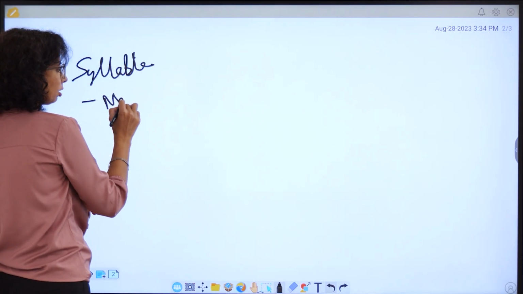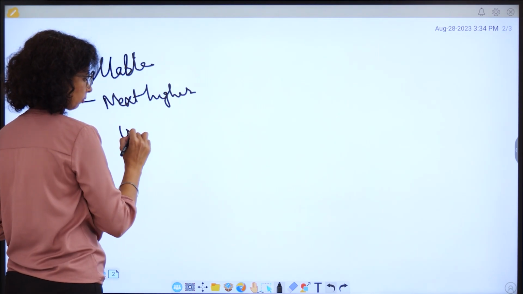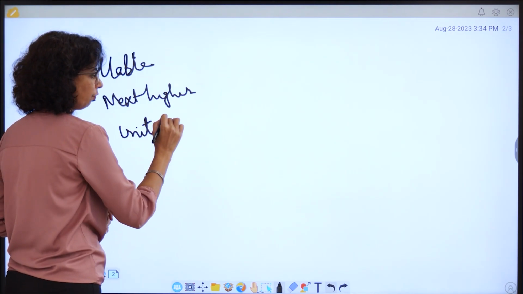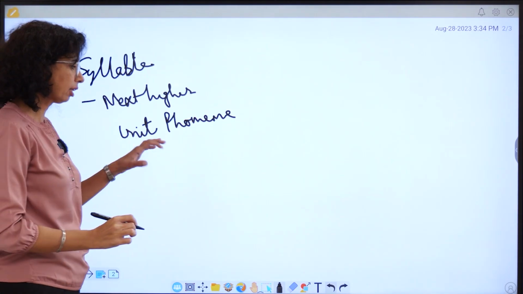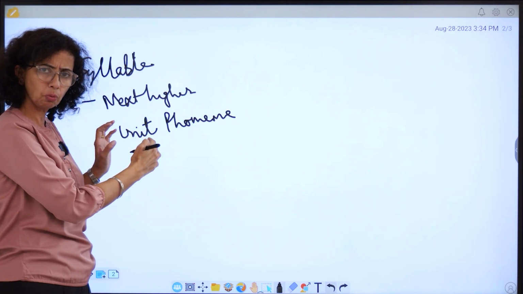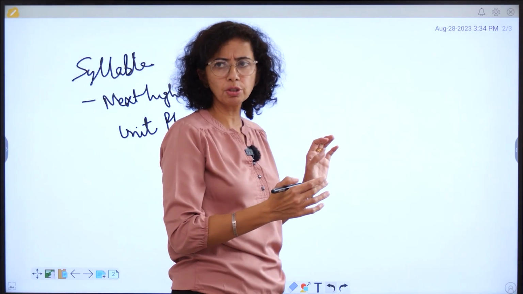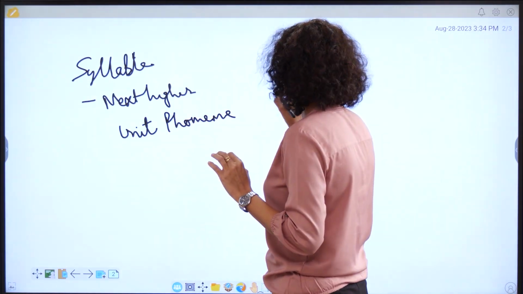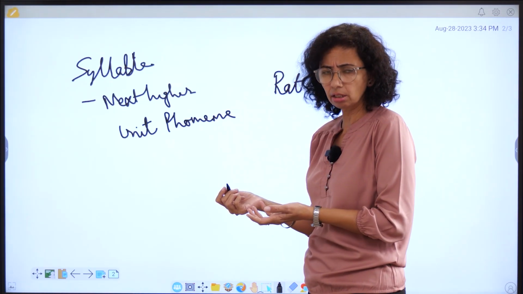Next higher unit after phoneme. How can we say that it is the next higher unit after phoneme? Let's take one example. If I want to say rat in English, it is rat.